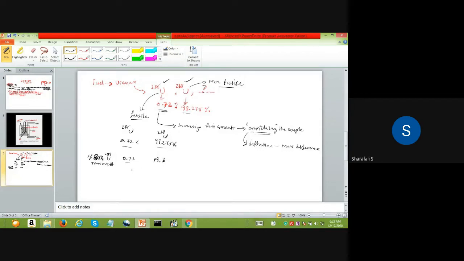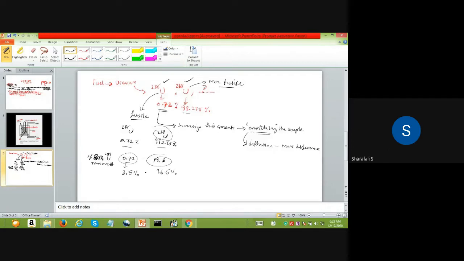Then if you calculate the percentage now, it is around 3.5%, because 0.72 in 19.3. Still it is only 3.5%, and the remaining 96.5% will be uranium-238.